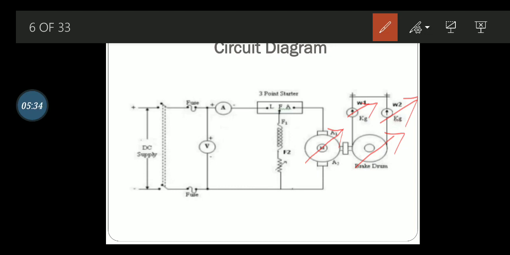Ammeter and voltmeter are connected. Ammeter is used to measure the input current, and voltmeter is connected to measure the input voltage. Here 230 volt DC supply is given to the motor.